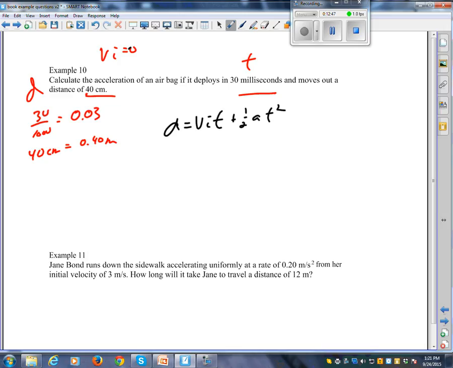Okay, so I'm going to write D equals. The distance traveled is 0.4. The initial velocity is 0, right? So that's good. 1/2 our acceleration, which is what we're looking for, and the time is 0.03 squared. So 0.4 is equal to that. 0 disappears.